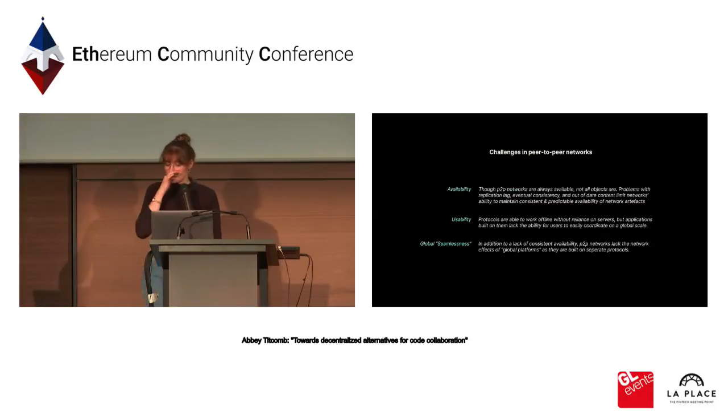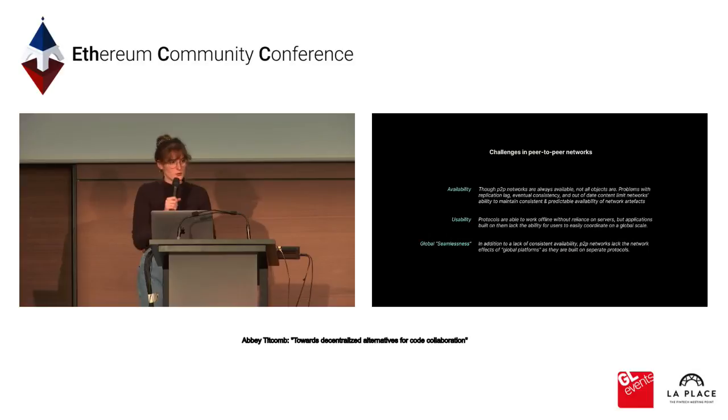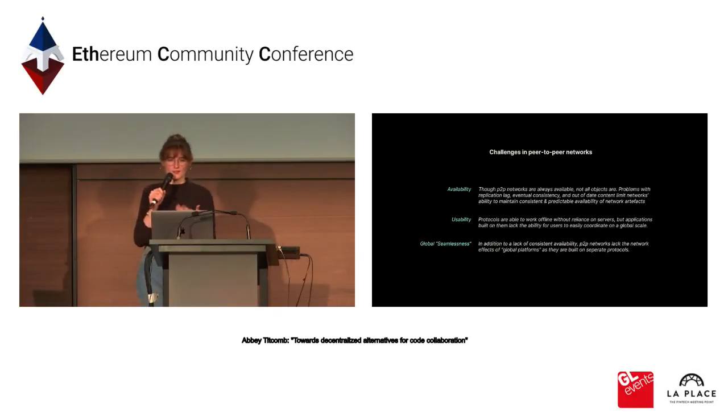So SSB is great, and I know that I use it a lot, more than I did before, and I think it's being adopted in a lot of different sectors, which is really great. But we're also seeing still some challenges in peer-to-peer networks. And so the first one is like availability, right? So though peer-to-peer networks are always available, the data isn't always available, and this is because of the nature of this new replication paradigm that we're introducing.